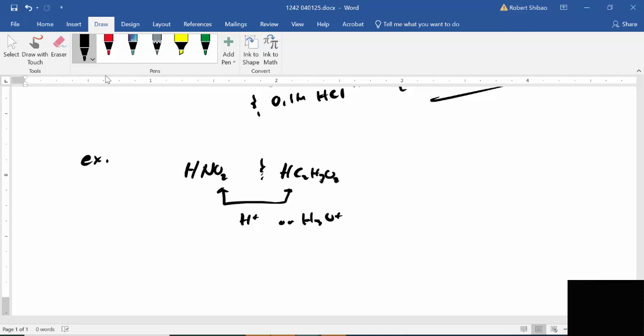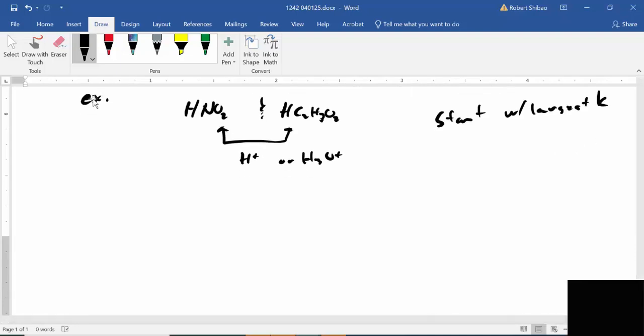All right, now what we do is we try to start with the largest K, because I'm going to always try the stepwise approach because it's the easiest. So we start with the largest K value and then give this a go. So we need to know the Ka for HNO2 and the Ka for acetic acid. The Ka for acetic acid, I know that one, which is 1.8 times 10 to the minus 5.